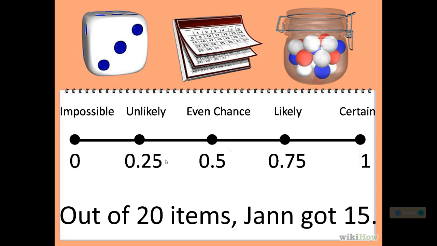Is it 0, 0.25, 0.5, 0.75, or 1? That's correct. We have 0.75 or 3/4 because we have 15 out of 20. So just reduce to the lowest term. Since we have the decimal form, you have to express your answer 3/4 in decimal form.